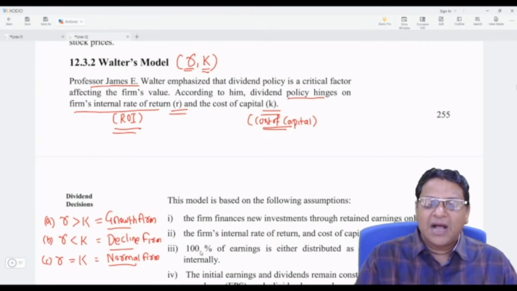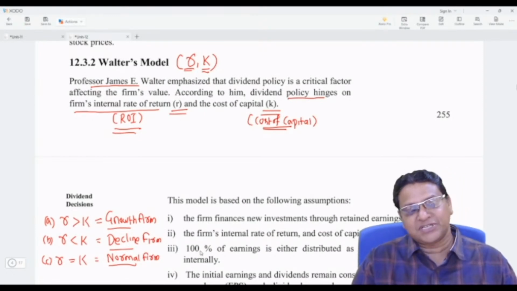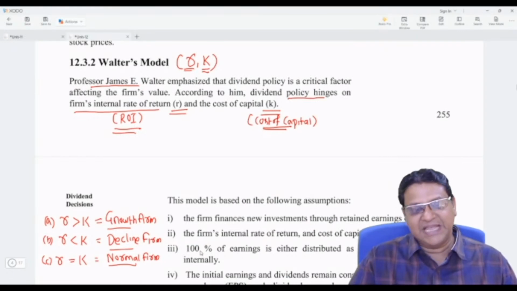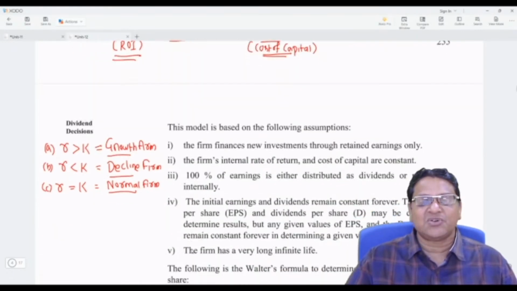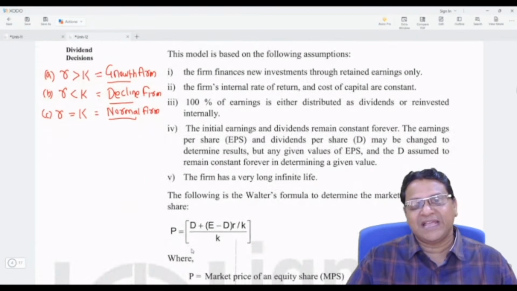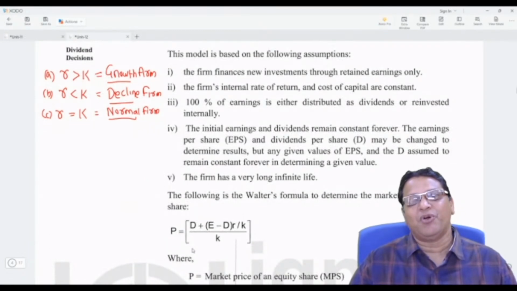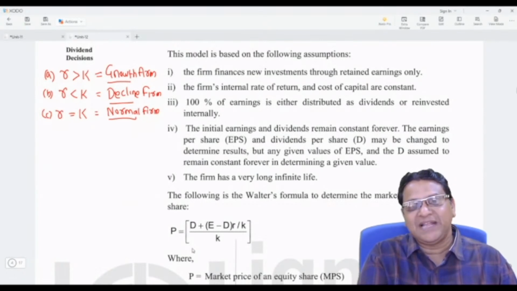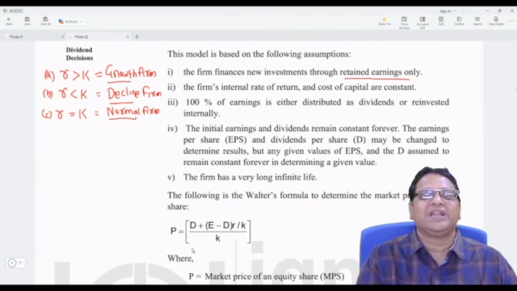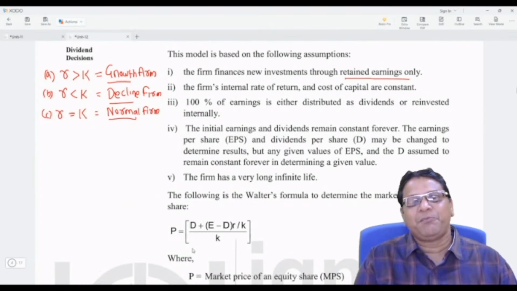And what are the assumptions of the model? We will study the model in depth. First, there are certain assumptions Walter took for designing his model. The first assumption is that the firm finances new investment through retained earning only. That means the firm does not use any external funds.